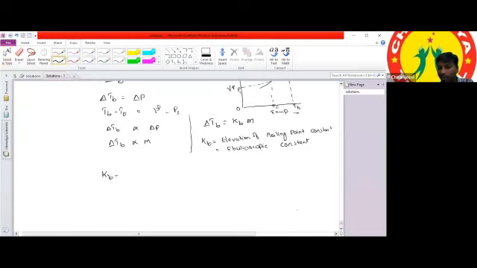Kb is equal to delta Tb by m, where m is nothing but molality. Based on the formula, we can also give one definition: how can we define the ebullioscopic constant?